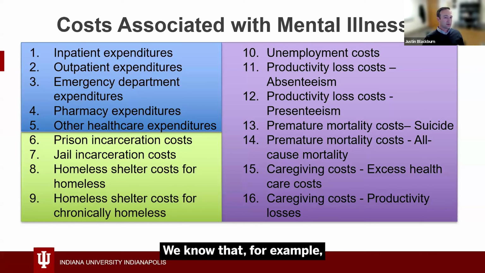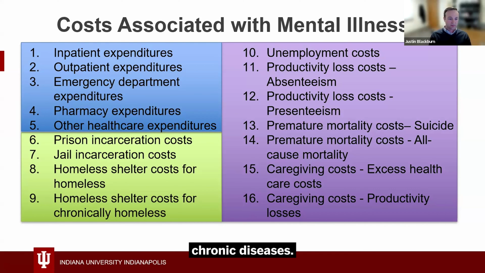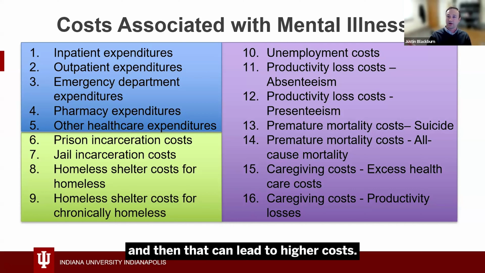We know that for folks with certain mental health conditions or mental illnesses, it can lead to an exacerbation of other chronic diseases. For example, heart disease can go unmanaged or improperly managed, and then that can lead to higher costs.